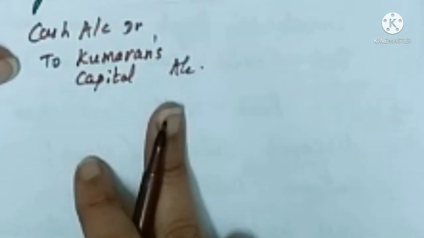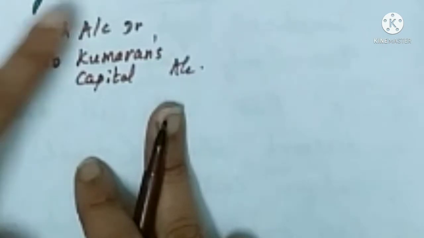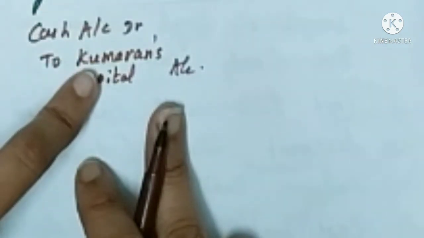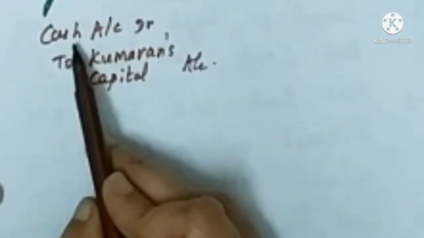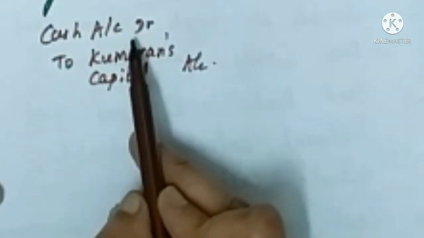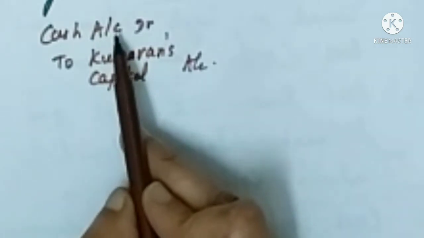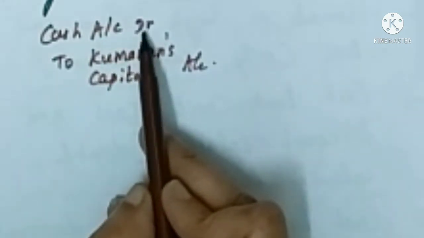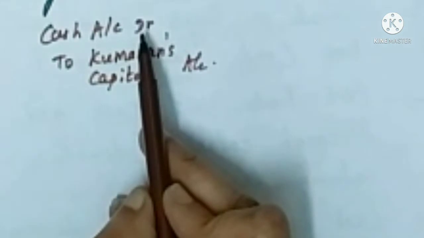So now let's see how to pass these journal entries in the cash book. Remember, in this entry, cash account is debited. We are going to open the cash book. We have to see whether cash account is debited or credited. If it is debited, we have to write it on the debit side.